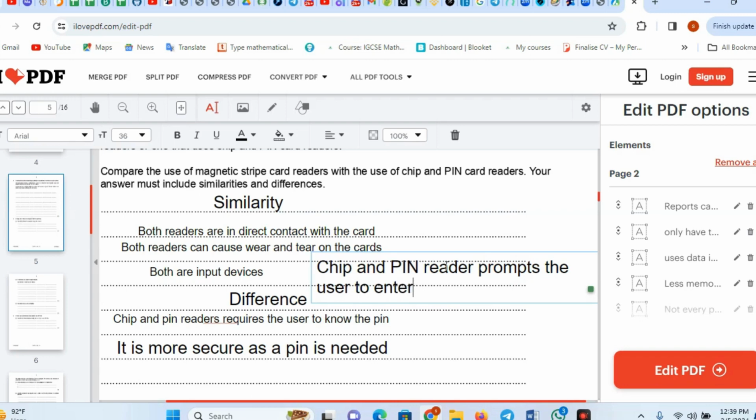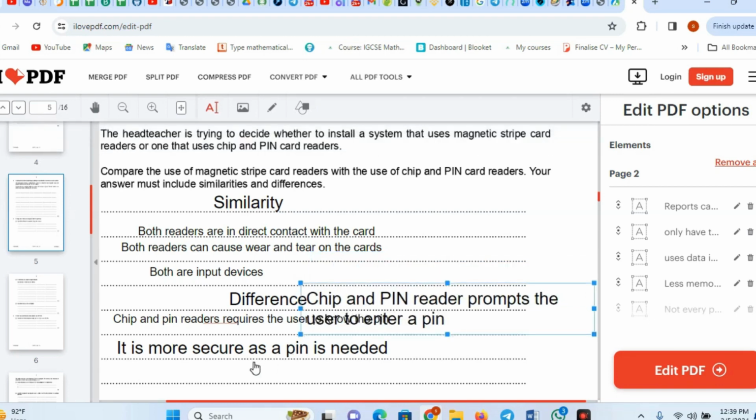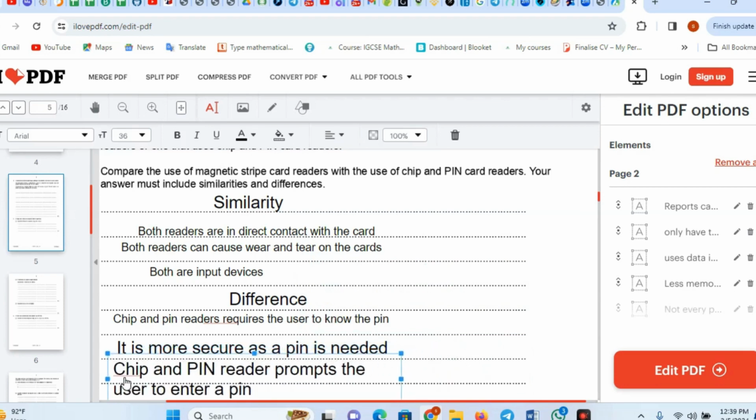And as soon as you enter your pin, what do you do? You gain access to such area or such documents or such machine. But if you don't have your pin, you will be what? You will be logged out.